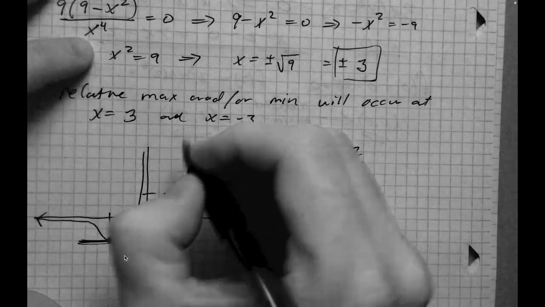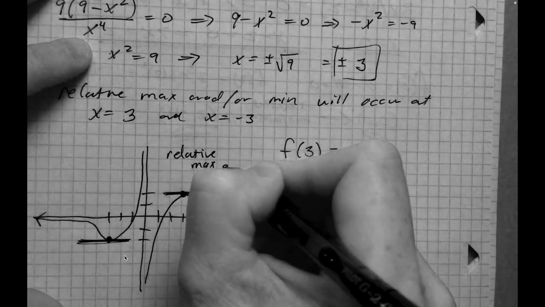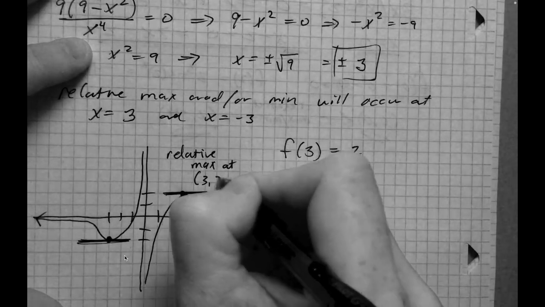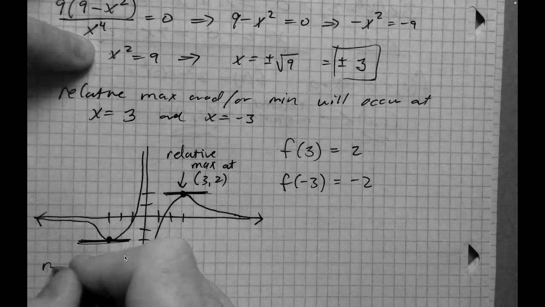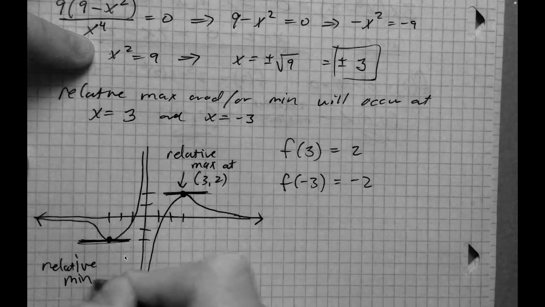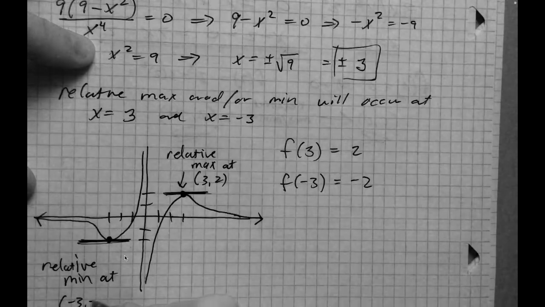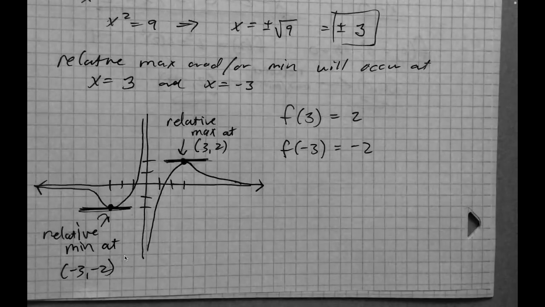And so this would be a relative max at (3, 2) right here, and then of course you've got a relative min at (negative 3, negative 2) right here. That's basically what the derivative revealed to us, just by setting the derivative equal to 0 and solving. Okay, so there we go.